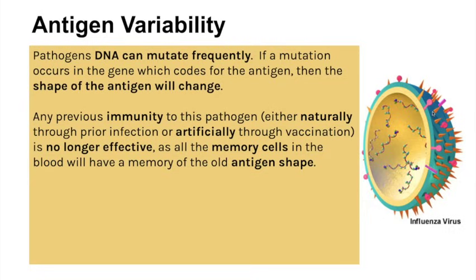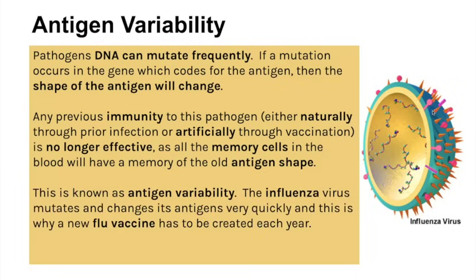So it will no longer be effective, as all of the memory cells in the blood that you have will have a memory of the old antigen shape and not the new one. And this is known as antigen variability. The influenza virus mutates and changes its antigens very quickly, and this is why a new flu vaccine is created every year to account for that change.